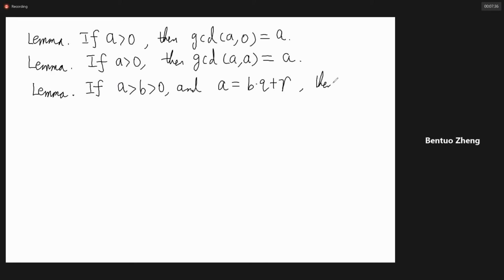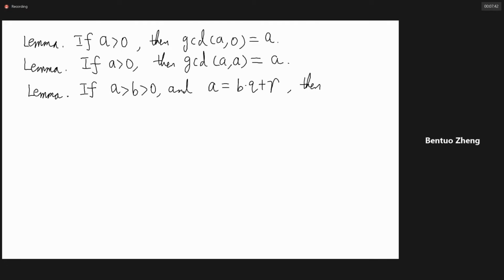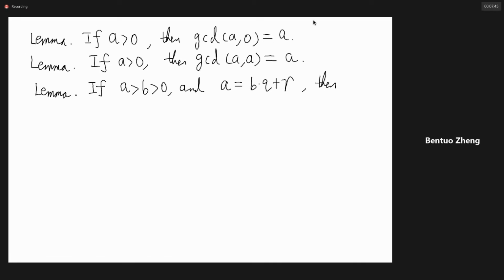Then the greatest common divisor of a and b is equal to the greatest common divisor of b and r.